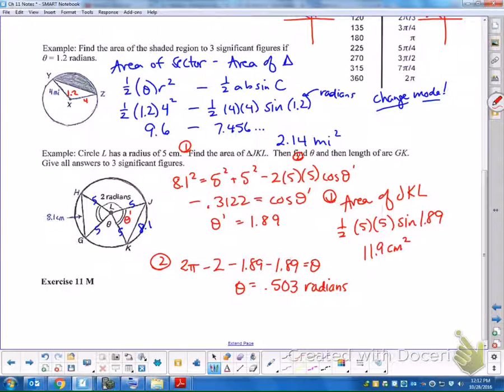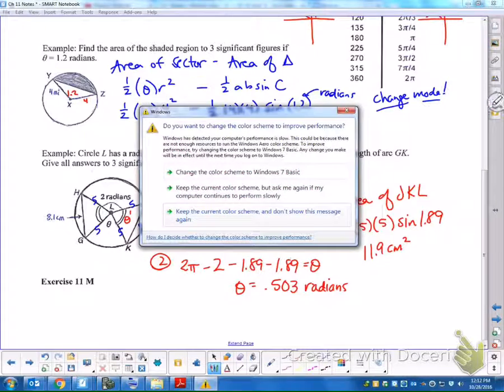So just like, when you're finding a missing angle in a triangle, you take 180 and subtract all your angles. It's the same thing here, except I'm doing 2 pi instead of 360.